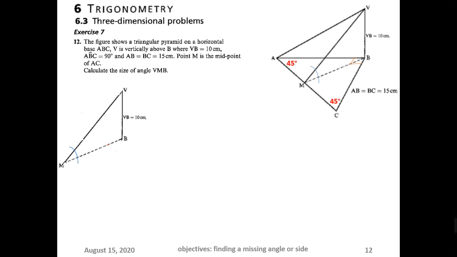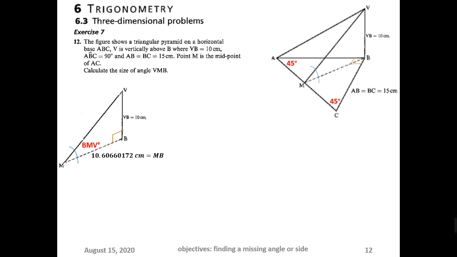Now, as we found MB, we're going to draw a little sketch for the sectional triangle MBV or VBM. This angle is 90 degrees because at the very beginning of the question, they mentioned that V is vertical on the plane or on the ground. This is what we found in the previous step: MB is equal to 10.6 centimeters.